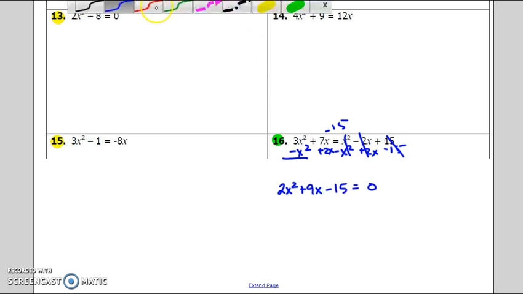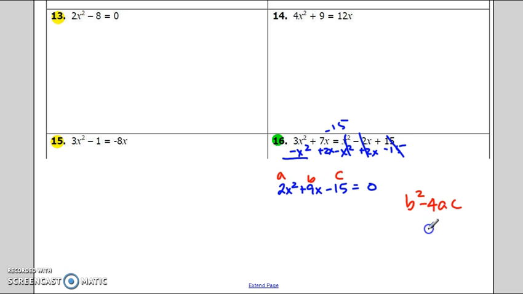Now we can go ahead and label our a, b, and c. And we can do our b squared minus 4ac. So that's 9 squared minus 4 times 2 times negative 15. And that's 81 plus 8 times 15.